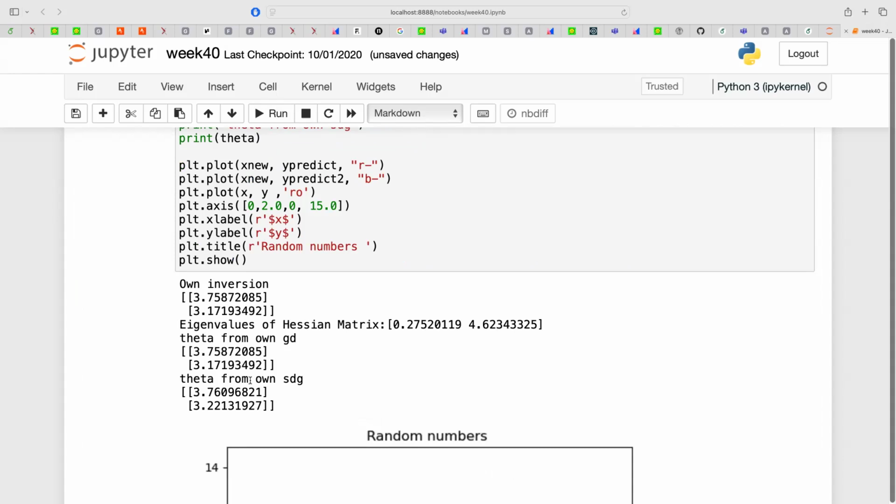And now I take the results from my own stochastic gradient descent. Since I'm running this in a stochastic way, I'm not going to get exactly the same parameters. How close you get depends again on the number of epochs and the number of mini batches you've chosen, and these become parameters you will have to play around with.